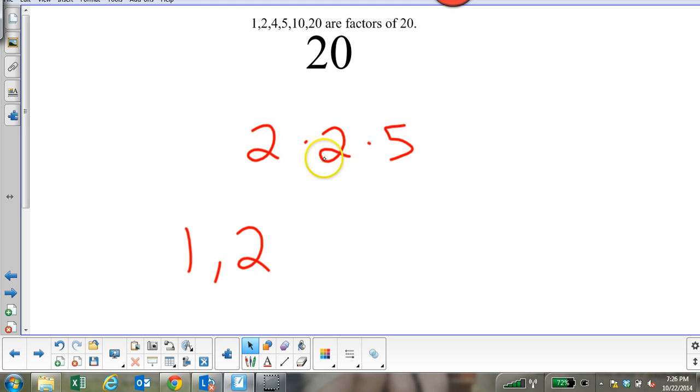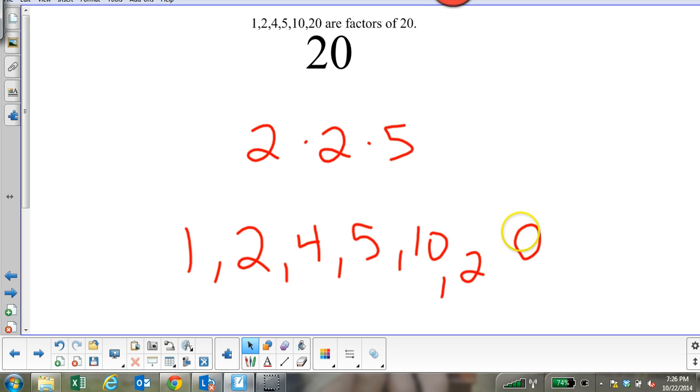If I took these two factors of 2, 2 times 2 is 4. That's a factor. If I took this factor of 5 by itself, 5 is a factor. If I did 5 and 2 in this combination, 5 times 2 is 10, that's a factor. And if I multiply 2 times 2 times 5, that's 20, and that's a factor.